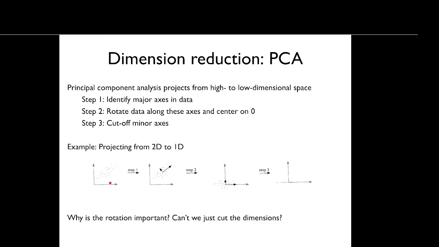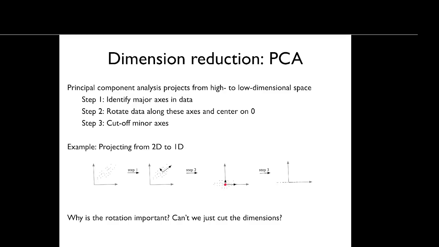Instead, we want to find the major axes and then rotate along them. And we do that in the first step, and this is the major axis, and that is the minor axis if we have a two-dimensional case, and correspondingly we would do that for more dimensions if we had them. So we sort them essentially by the variance that they carry. Now in the next step, we rotate our data and center it in the 0 point.